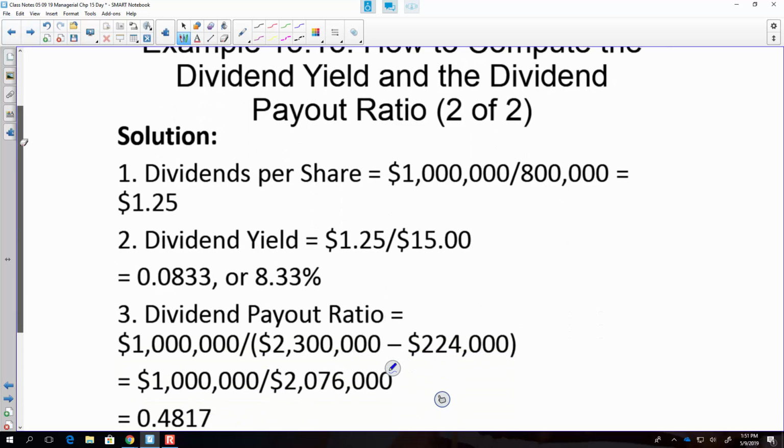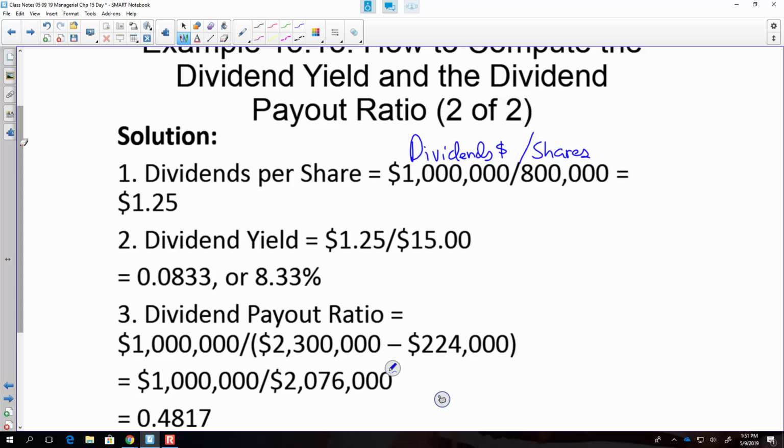So let's just take a look. Dividends per share, 1 million were the dividends declared and paid on 800,000 shares. So in this case, obviously, it's 1.25 per share is what the dividend is.